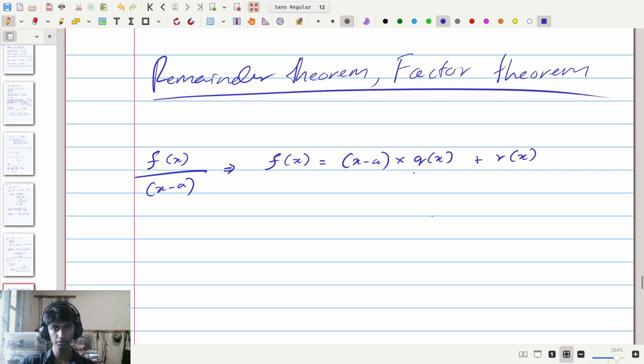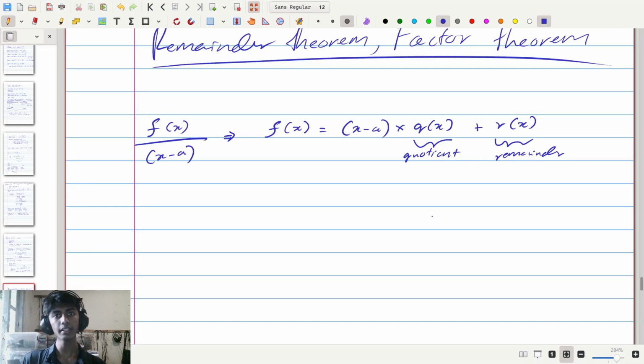Here q(x) is the quotient, and r(x) is the remainder. So we have that f(x) is equal to (x minus a) times q(x) for some q(x), plus r(x) for some r(x). We do not know what the polynomials q(x) and r(x) are. That is what we are expected to find.